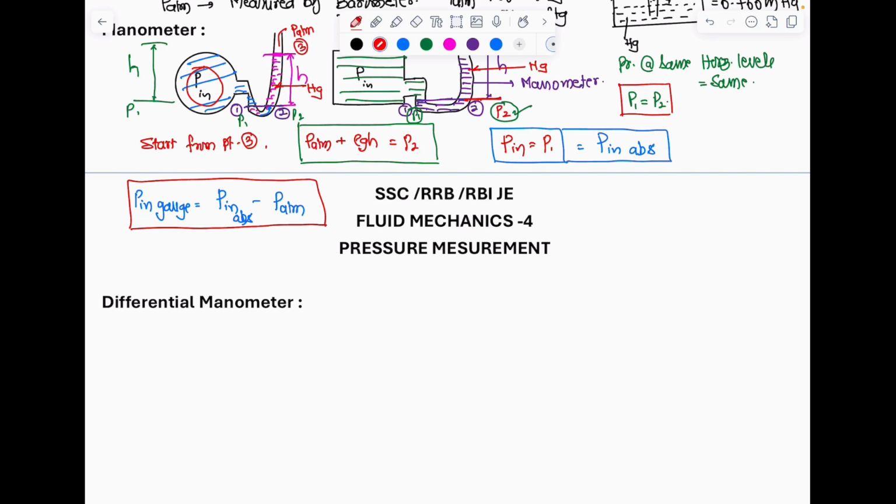For example, if we use a differential manometer, it's a single manometer that is used. There can be differential manometers also, and there can be inclined manometers also.